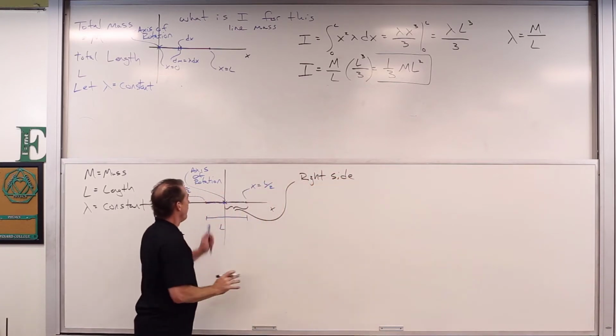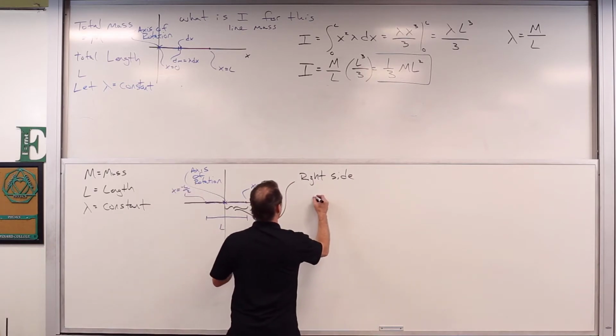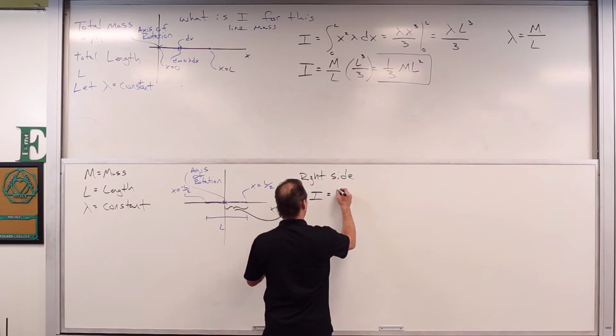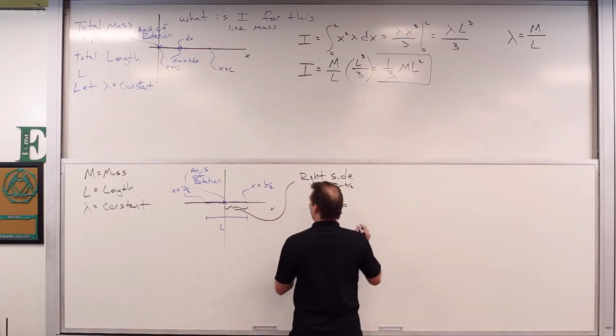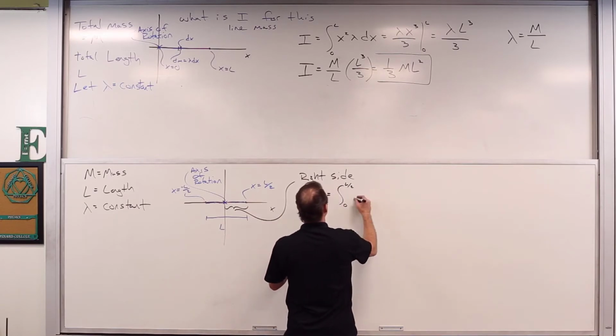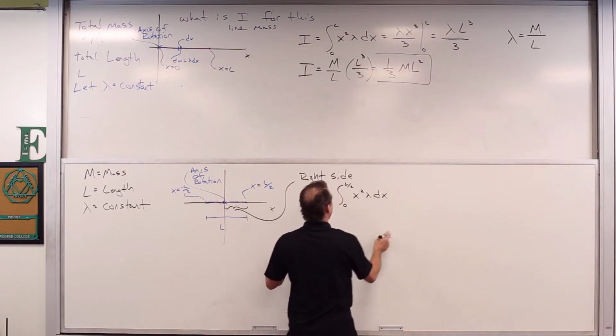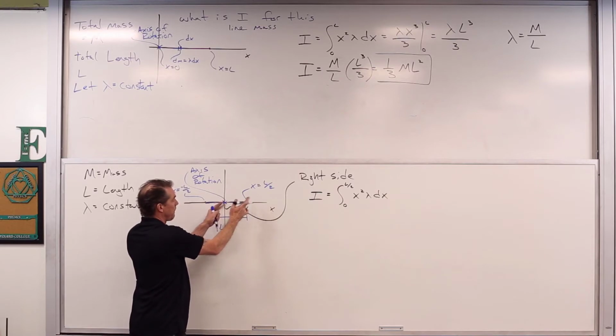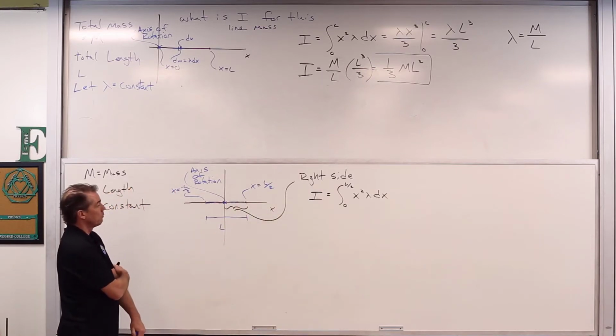For the right side, the moment of inertia is going to be equal to the integral from 0 to L over 2 of x squared lambda dx. So we've got the same sort of thing when we're just integrating over this side relative to this point, except instead of going from 0 to L, we're going from 0 to L over 2. All right, what does that come out to be?